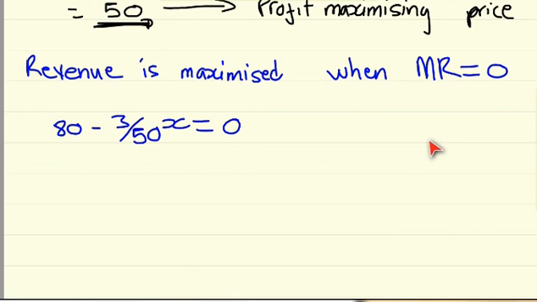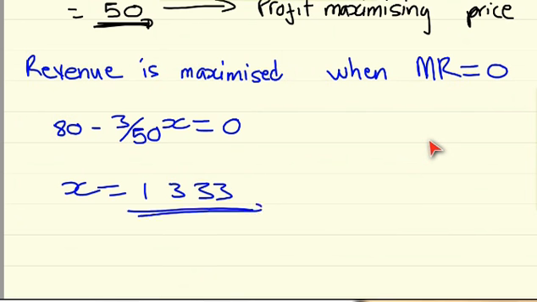So if I solve this, x will be equal to, putting this in my calculator, 80 divided by 3 divided by 50, which would be 1333 units.